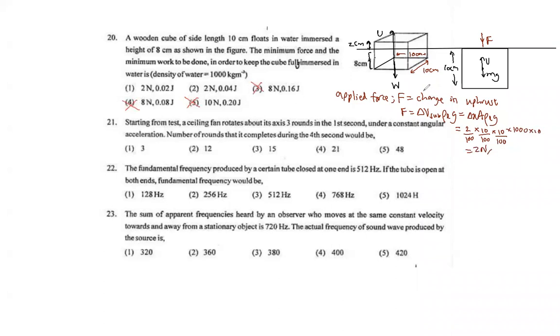What is the additional work that needs to be done, people? We are reducing the gravitational potential energy. Then what is the work done? Work done should be force into distance, no? Force into distance, but we have to be a little careful.